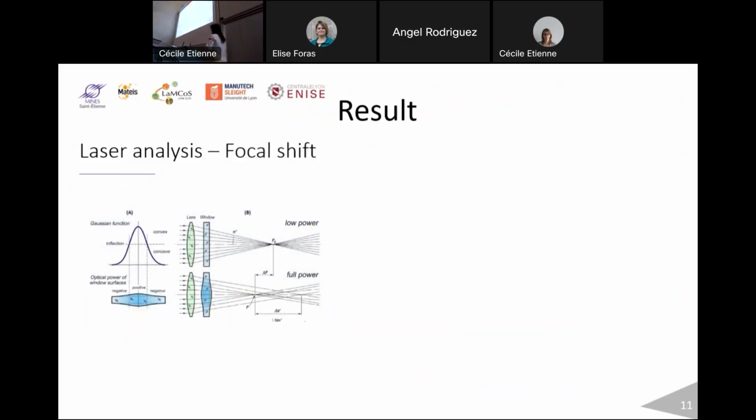So why do we have this kind of phenomenon? It's because something in the optical path, as I said before, with the collimator, F-theta lens, and protection window, there is one element. Currently we don't know what the real problem is, but we have a deformation of one of the elements, and it creates a kind of aberration, and it creates a focal shift.